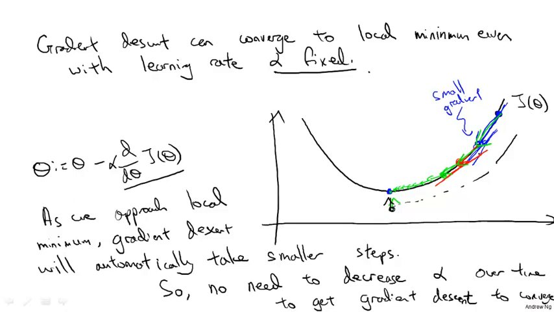It's because as you approach the minimum, the gradient gets smaller and smaller, and so gradient descent updates automatically get smaller and smaller, which is why it slows down as it approaches the local minimum until it actually converges to the local minimum. And it will indeed converge, and it won't stop short, because so long as you haven't reached the local minimum yet, this derivative will still be non-zero, and so it will keep moving until it converges to the local minimum.